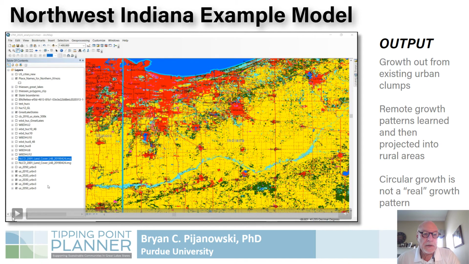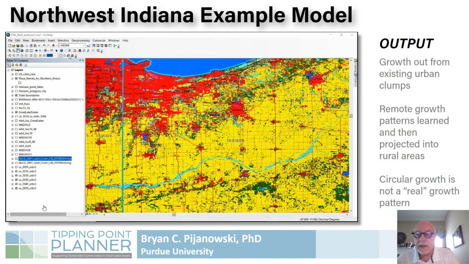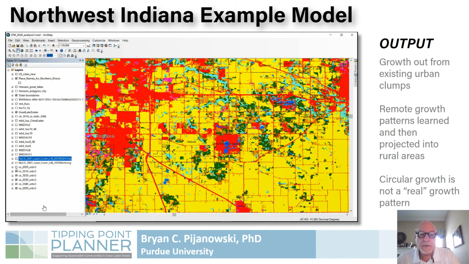What I'm showing you here is a map of the land use land cover from the 2001 National Land Cover Dataset from NASA, zooming into a particular area of high urbanization that will occur over the next 30 to 50 years.